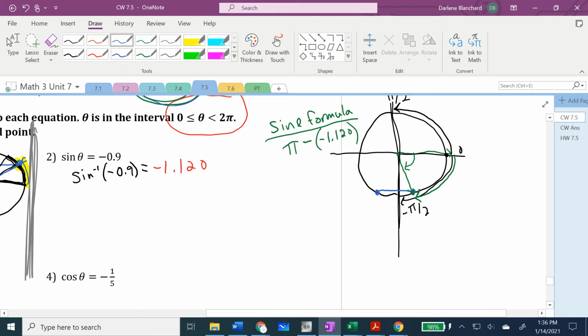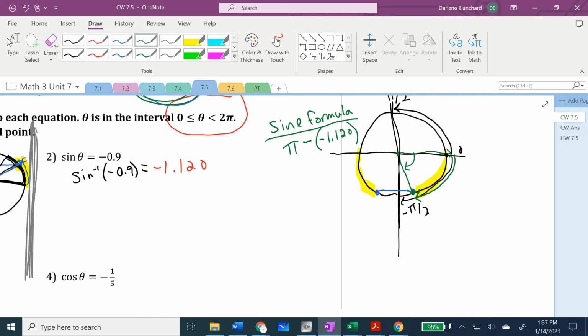And the easiest way to find that angle is to realize that this negative angle that I just turned should be the positive angle that I use from pi. But if I subtract a negative angle, I am adding, which is what I really wanted to do in the first place.